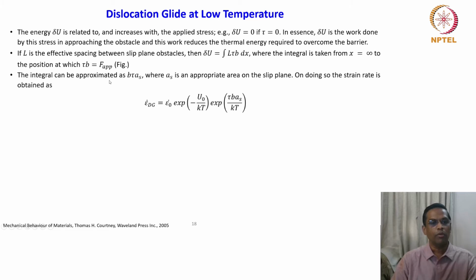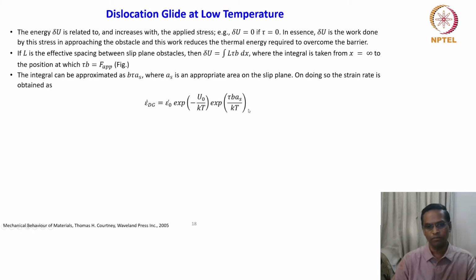The integral can be approximated as b tau A_s, where A_s is an approximate area on the slip plane. On doing so, the strain rate is obtained as epsilon dot dg equal to epsilon dot naught into exponential of minus U naught by kT into exponential of tau b A_s by kT.